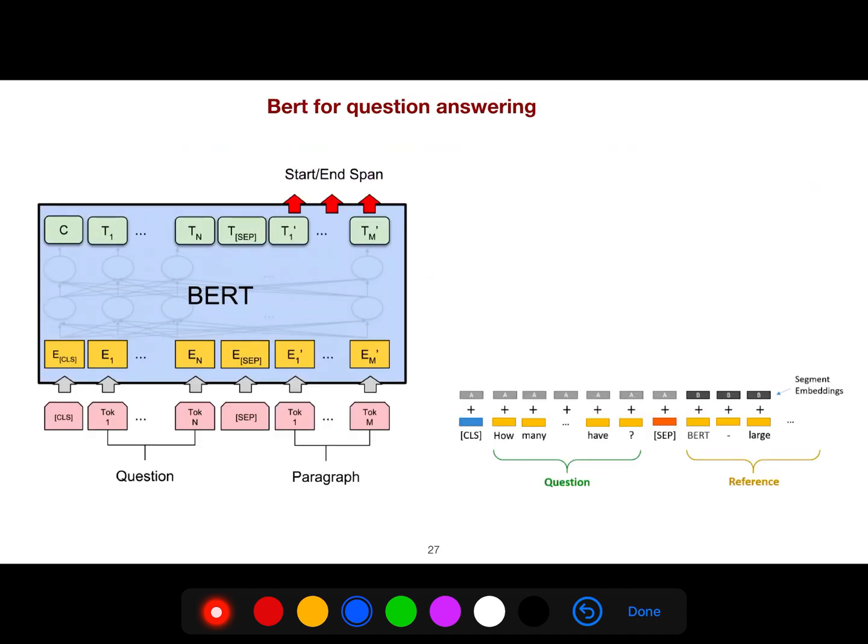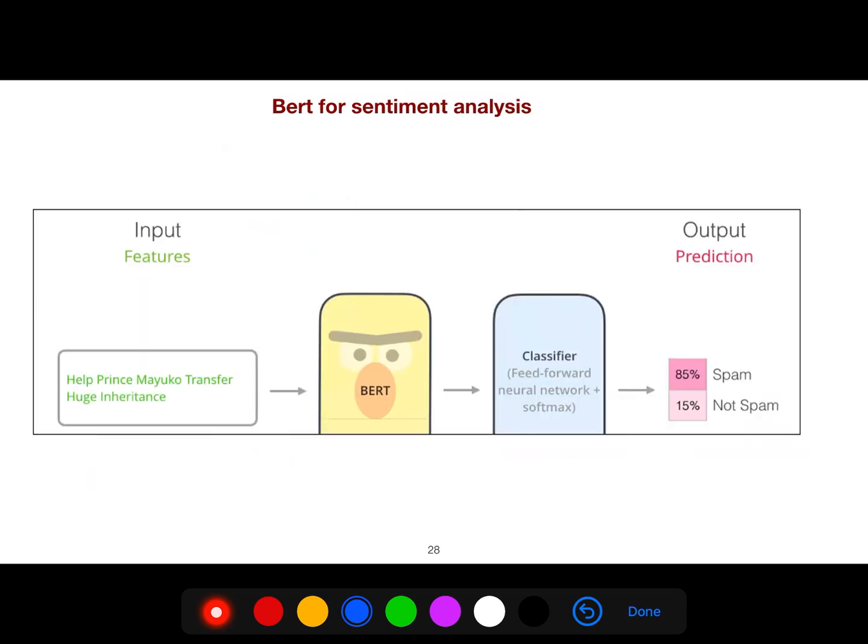We can, as I said, provide a question and the paragraph that you can find the answer in. And here you can say what is the start token, what is the end token. And you can use it for sentiment analysis in financial markets.